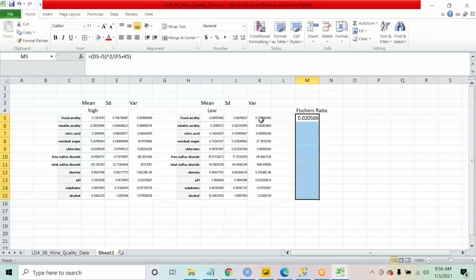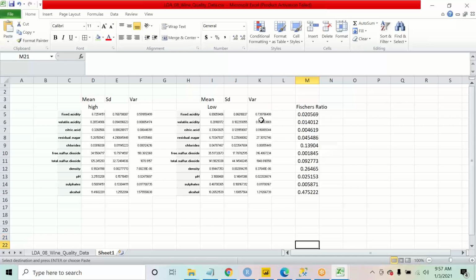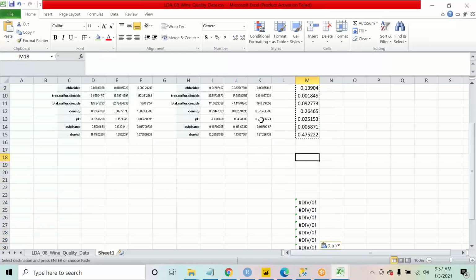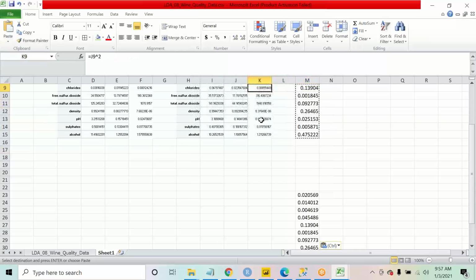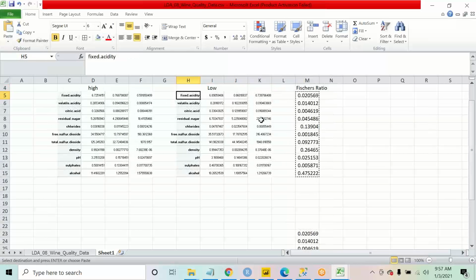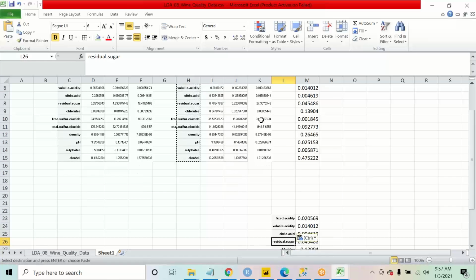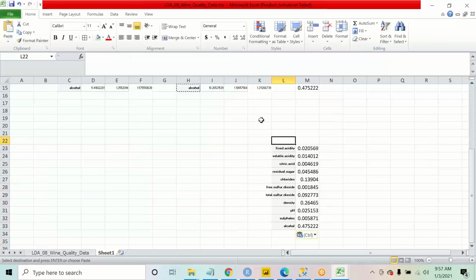If I drag it down, I will get the Fisher's ratio over here. Now I'll copy this over here, and these are the variable names. This is variable and this is Fisher's ratio.